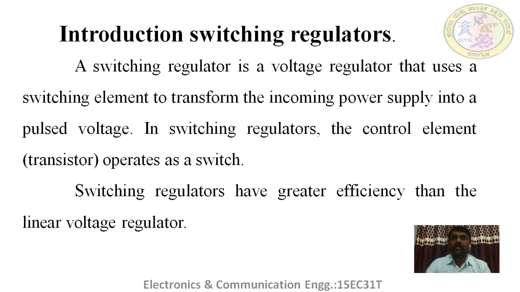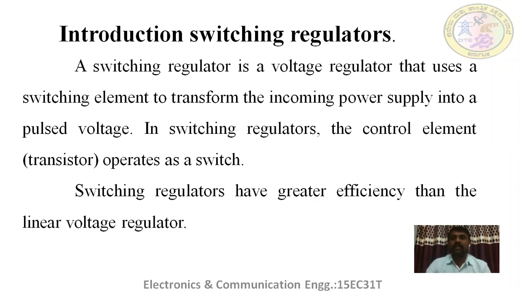Let me talk about the linear voltage regulator. In a linear voltage regulator, the transistor is used as a pass element. That is, the transistor passes the input power to the load. That's why it is called a pass transistor.